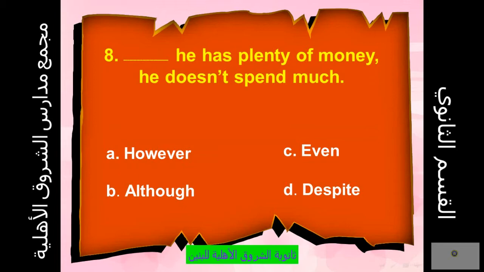This sentence expresses contradiction. He has plenty of money, but he doesn't spend much. So we must use although he has plenty of money. When we use although, it must be followed by a full sentence. Full sentence means subject and a verb. But when we use despite or in spite of, it must be followed by a gerund or a noun.